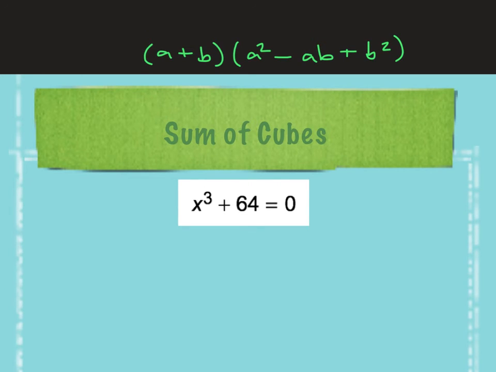So we have to figure out what our A and what our B are and just plug it into this formula. So if our A cubed is x cubed, so that's just our first term is our A cubed, then what is our A?